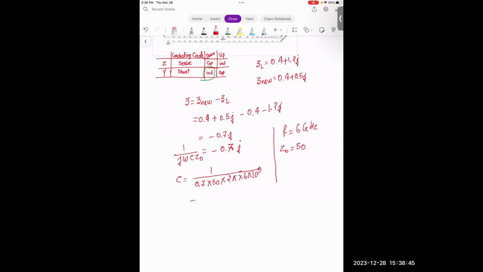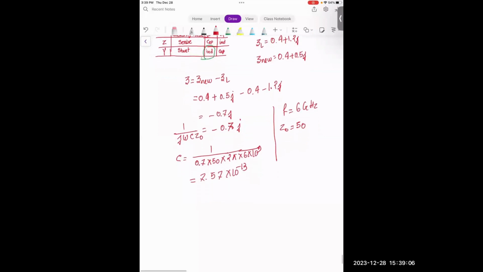So 1 over 0.7 multiplied by 50 into 2 into 3.1416 into 6 into 10 to the power 9 is 7.57 times 10 to the power negative 13. And this is C1.